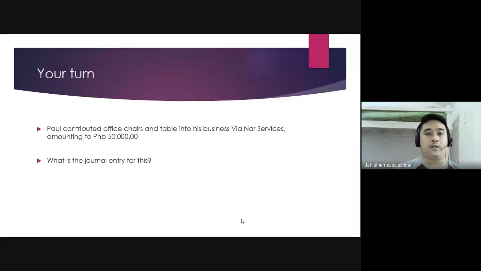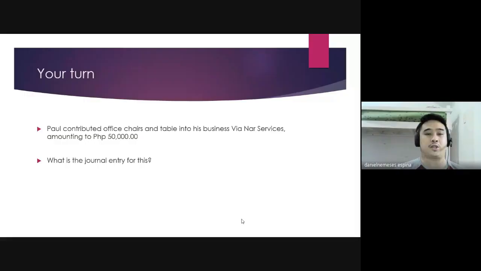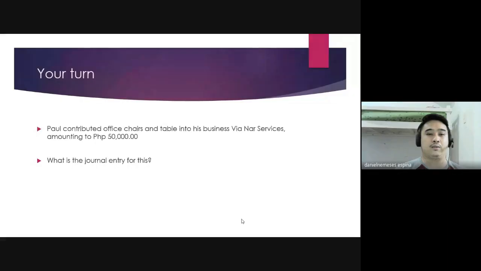Okay, very good. So you debit furniture and fixtures, since the chairs and table are there. If you have reviewed your previous lesson, the chairs and table belong to the furniture and fixtures account title.